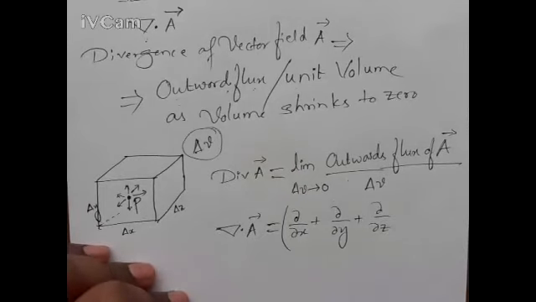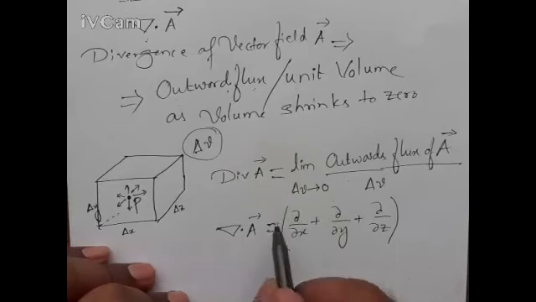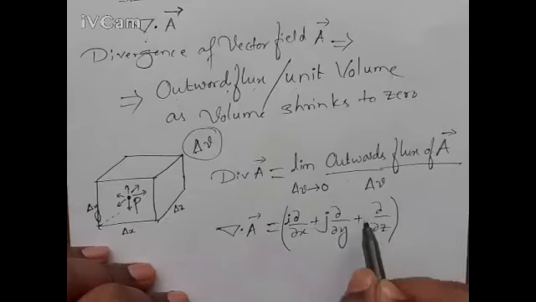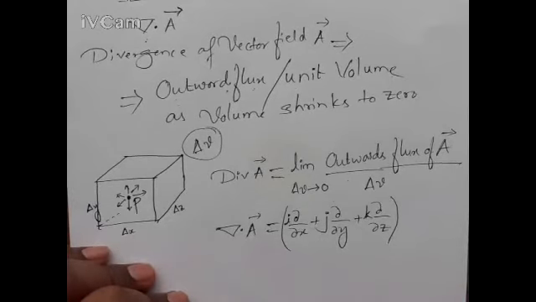This is the definition of del, with the unit vectors i, j and k. On what are we applying it? We are applying a dot product on the vector A.